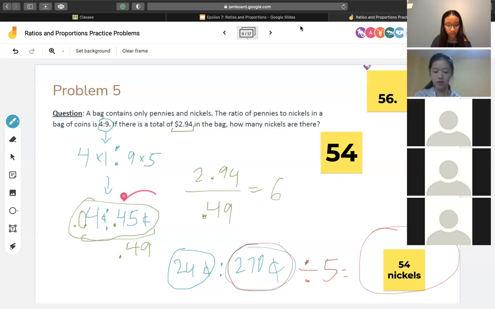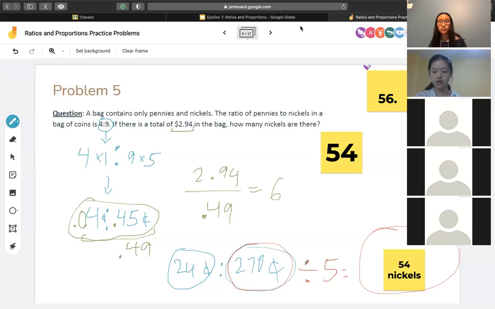So this ratio is 4 cents to 45 cents, which means that every 4 cents of this total money is contained in pennies, and every 45 cents is contained in nickels. So basically, it's similar to this ratio of pennies to nickels, except now it's talking about the value instead of the actual amount of coins.